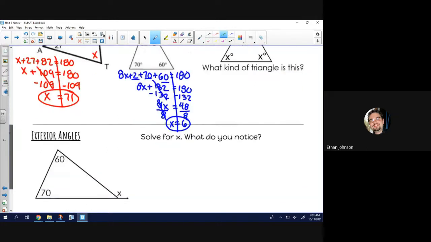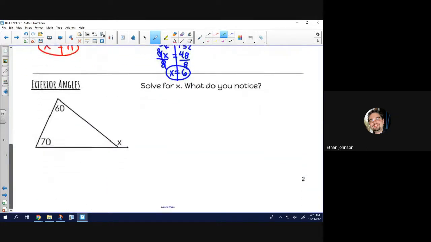We have one last theorem to talk about. And this deals with exterior angles. So we have an x outside. Well, we have an issue because the x is outside, not inside. So we need to find out what x is. Well, if we call this angle y, we could find y. You know, all three angles inside add up to 180 degrees.